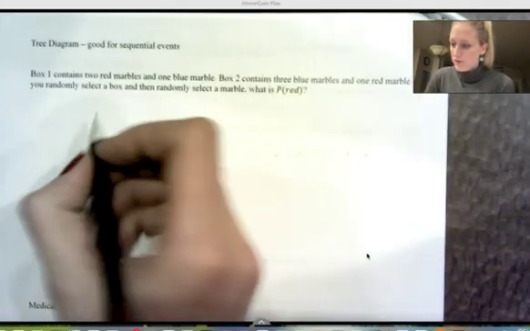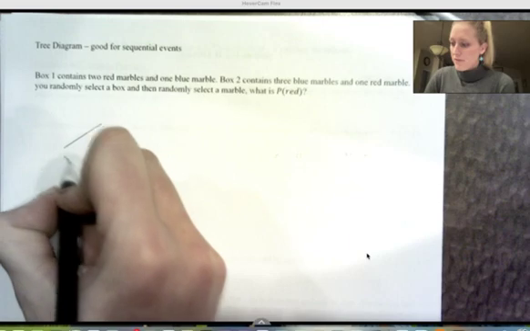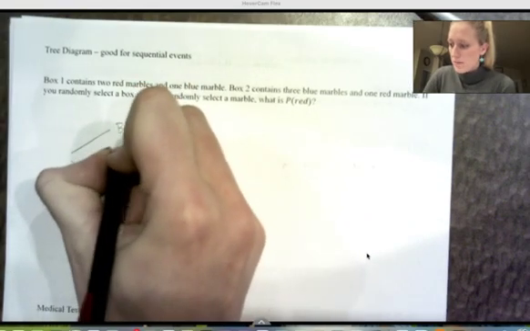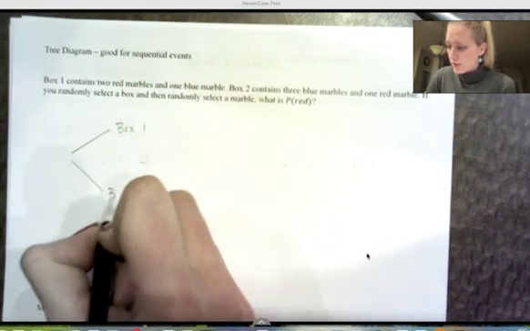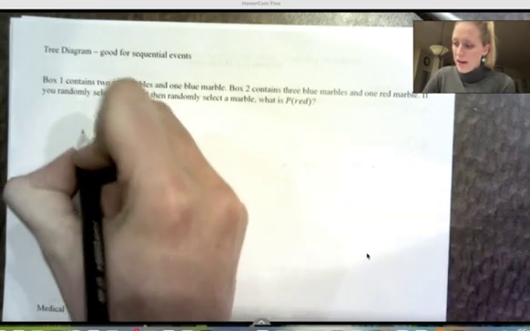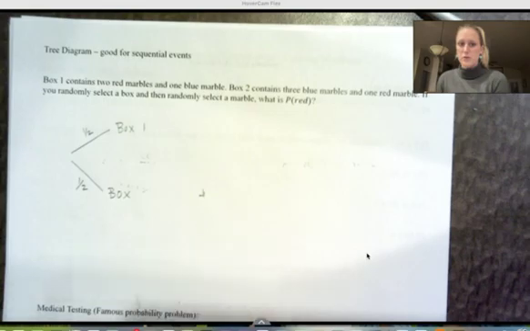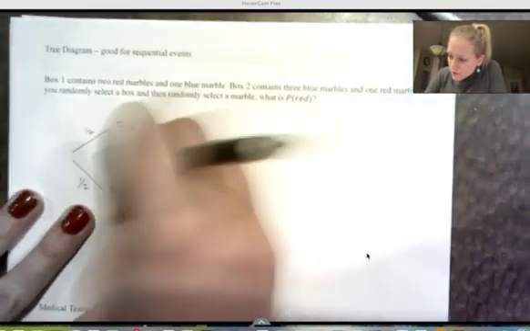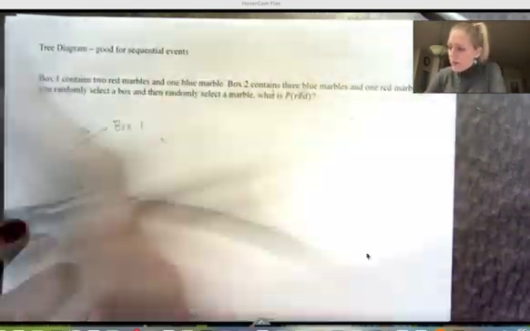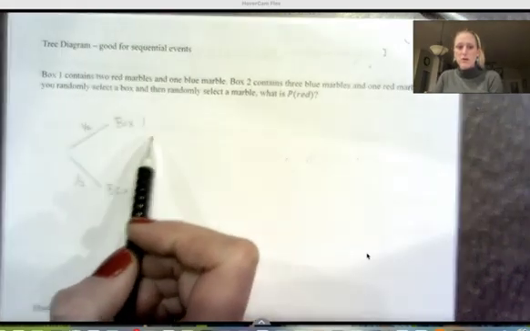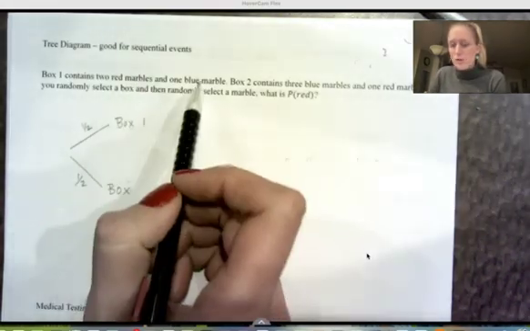So we are going to say I have a 50% chance of choosing box 1 versus box 2. So I have 1/2. I could choose box 1 or box 2. Then within box 1, there are 2 reds and 1 blue.